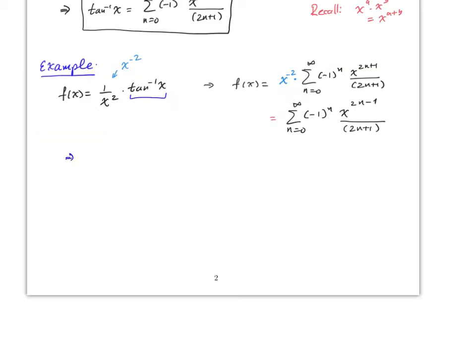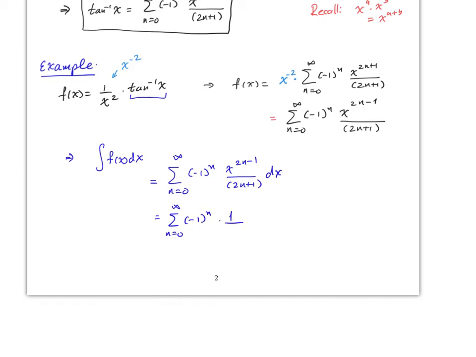So therefore, from here we can find that the integral of f of x dx is just the sum of the integrals from here, and as you can see, they should be very easy to integrate. So this will be the summation from n equals 0 to infinity of minus 1 to the n times 1 over 2n plus 1.